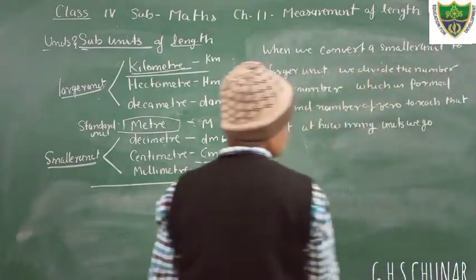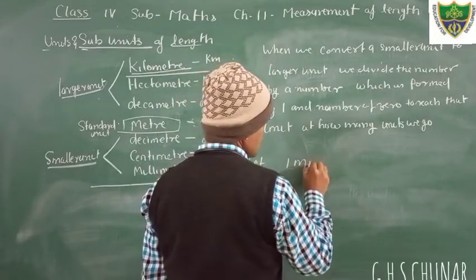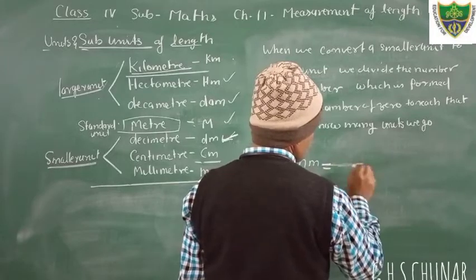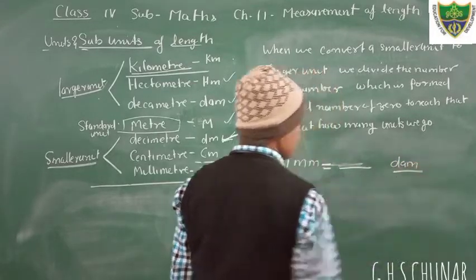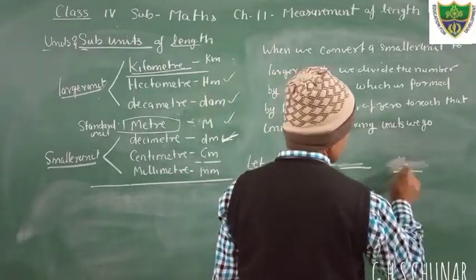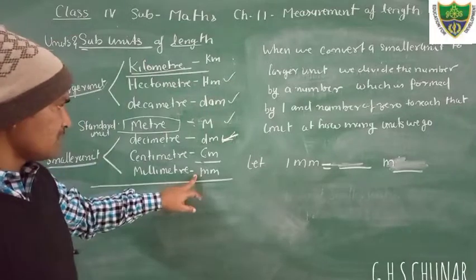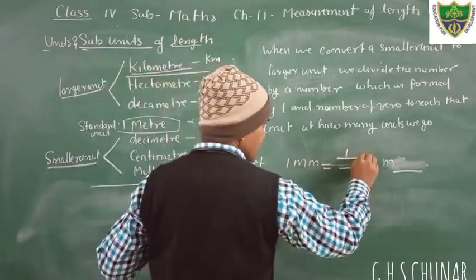Suppose let 1 millimeter convert into decameter. How many decameter are how many meters? Here you see that you will write this is the millimeter. You will write 1 and it will divide.